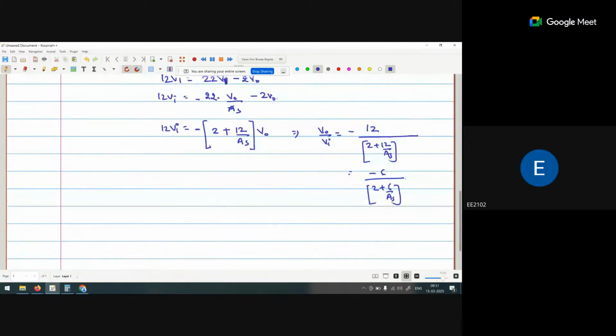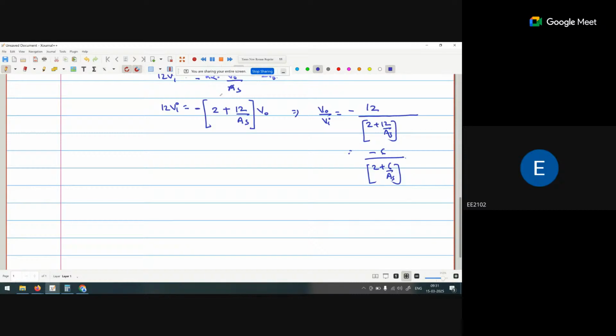Omega u by 4 omega. Yes. So minus 6 upon 2 plus omega u, sorry, 6s upon omega u. Okay, so that is V naught upon Vi. If we are calculating the magnitude, so V naught upon Vi is what?